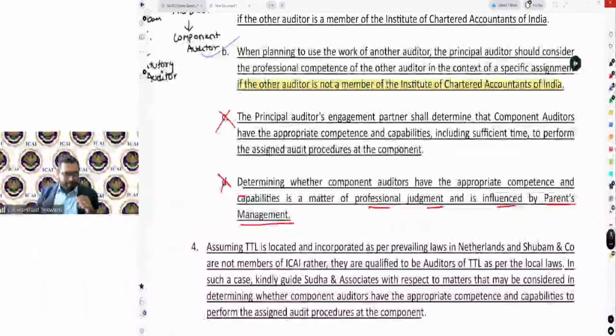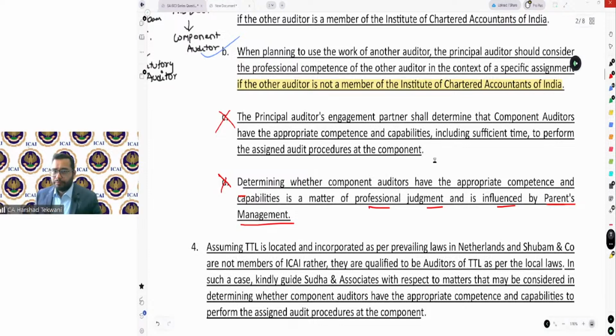Correct, Namrata. There are a lot of things. Let's try. Come on, guys. There are a lot of things that are required to be considered.